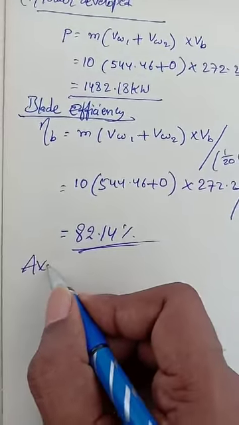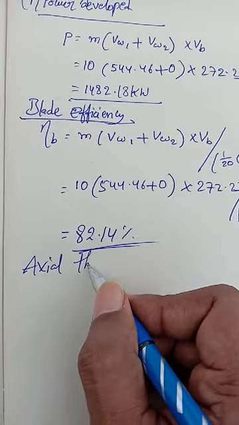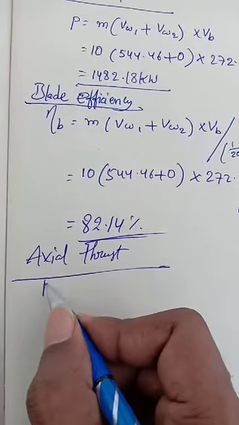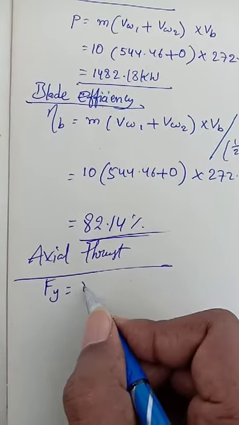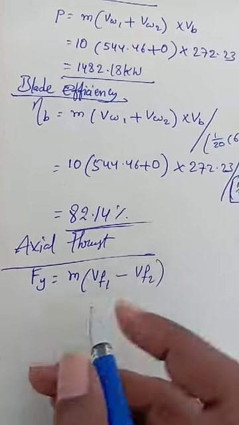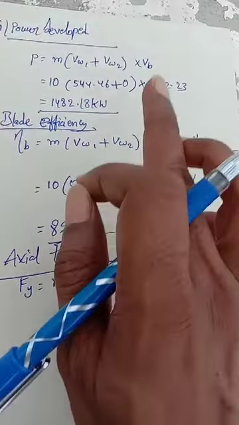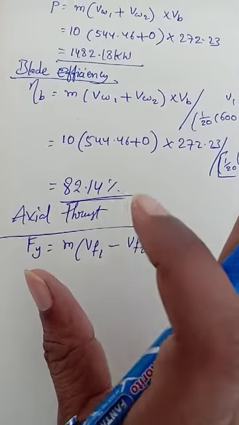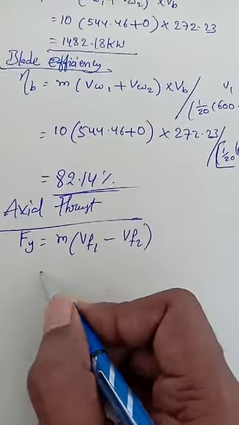Now we are going to know about axial thrust. In here also axial thrust, we have the equation Fy is equal to M into Vf1 minus Vf2. These equations all before we will discussed. Okay, so we are discussed in this all those items, so don't bother about.